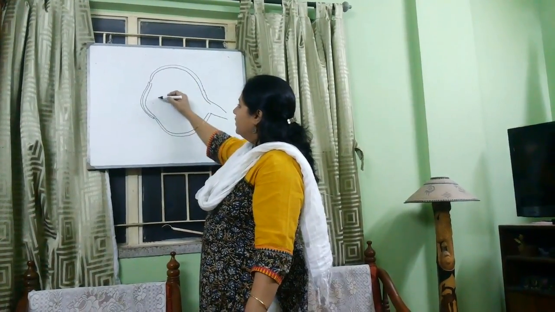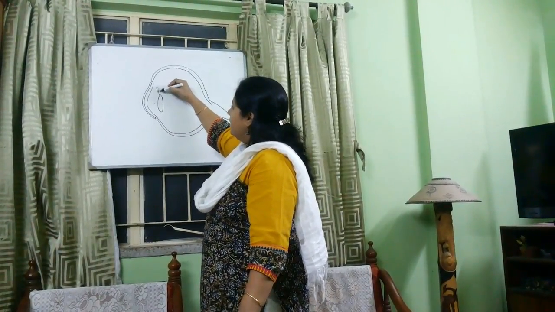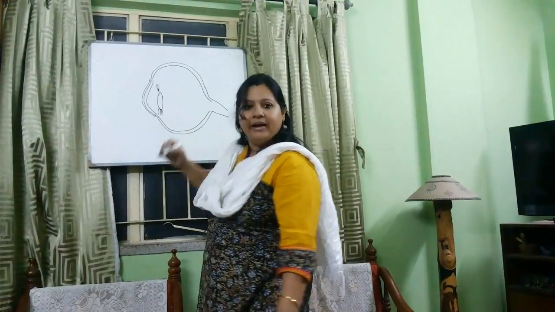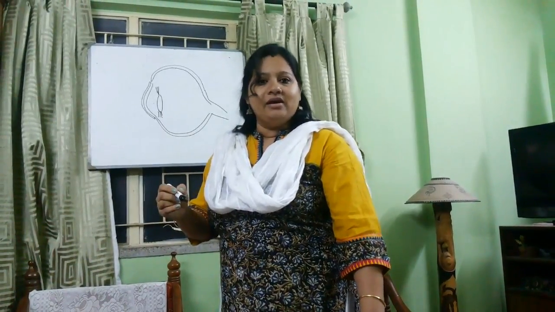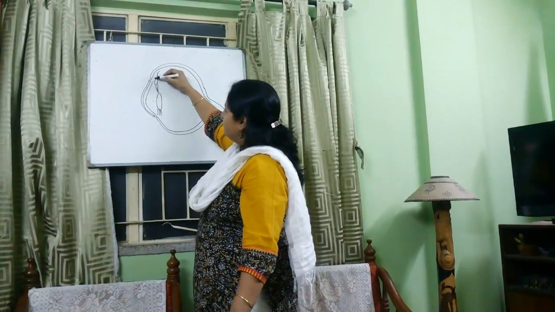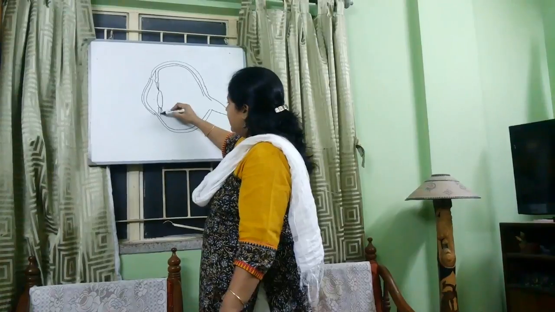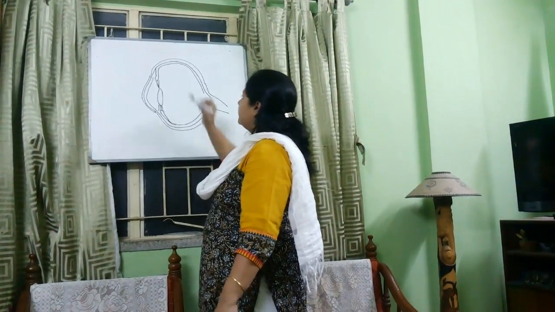Beyond the cornea, here we find the lens. The lens is always suspended with the help of the ciliary muscle and suspensory ligament, which is nothing but the continuation of the second layer, known as choroid. This choroid layer is the middle layer.